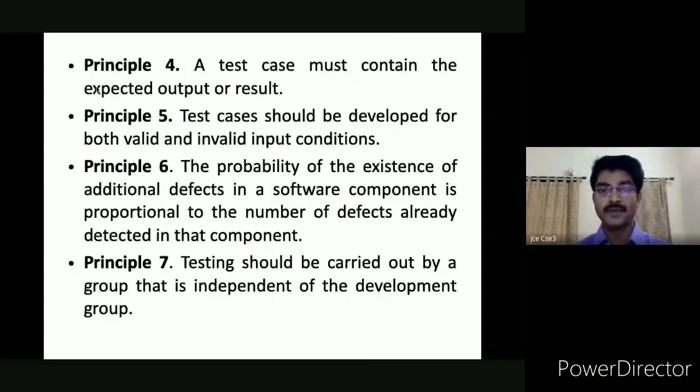Similarly, testing should be carried out by a group that is independent of the development team. If you involve the developers in testing, they will give a lot of justification for the development and will not accept their mistakes. So testers are independent from the development group.